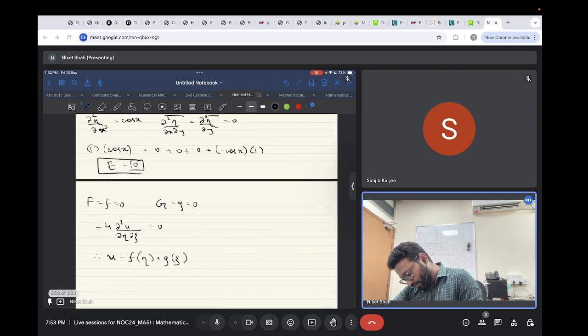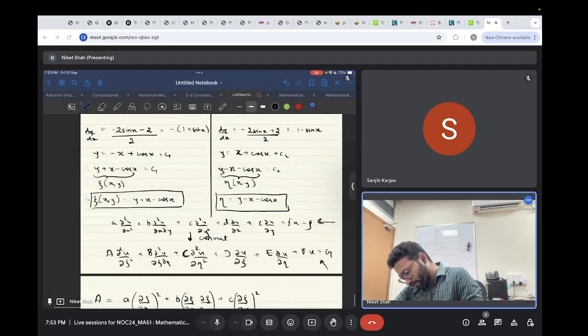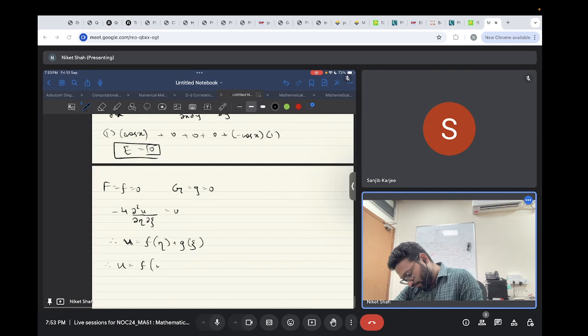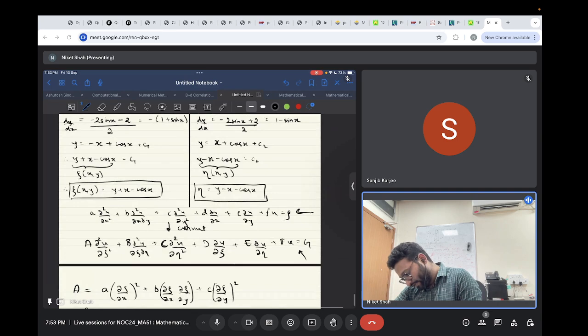This is what U is. Therefore, converting eta and zeta to their respective forms, f of eta is what? f of y minus x minus cos x plus g of y plus x minus cos x.